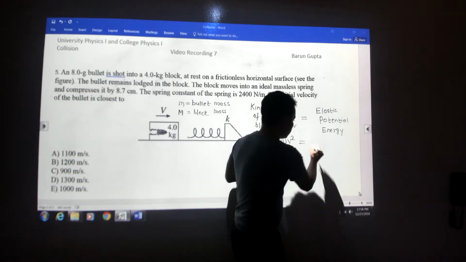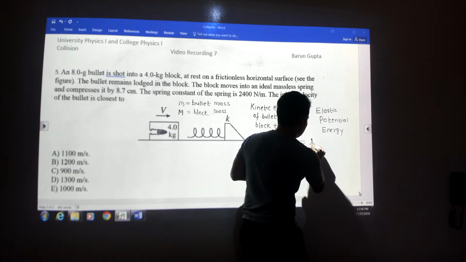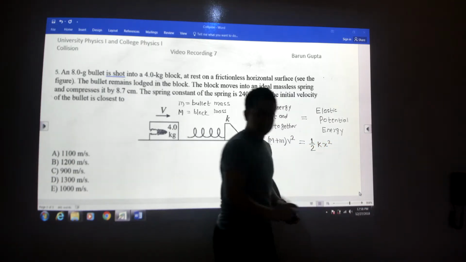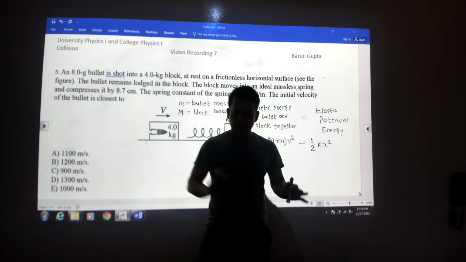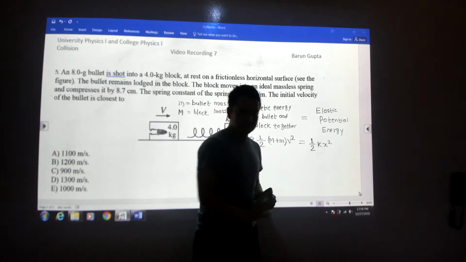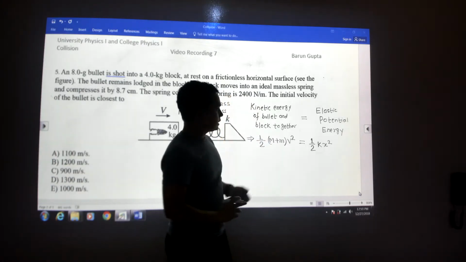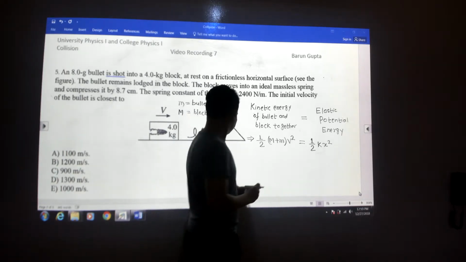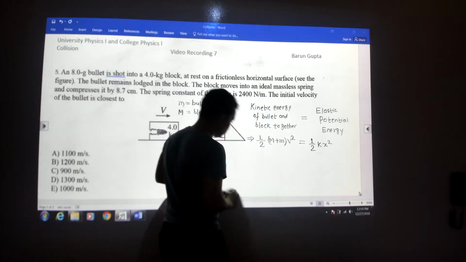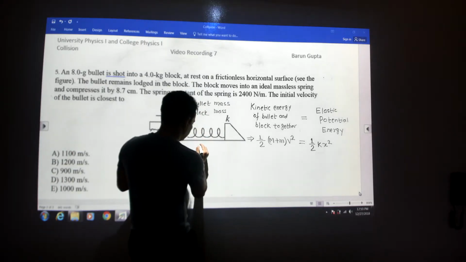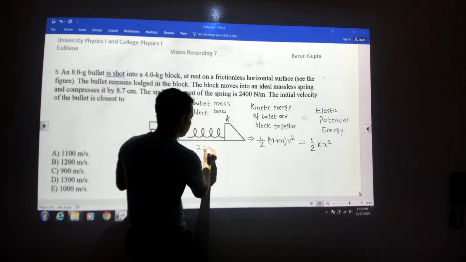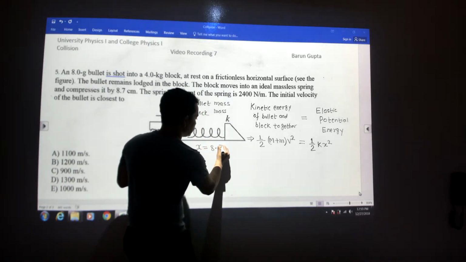The elastic potential energy is half k x squared, and the x is the compression. In this case, it is given as 8.7 centimeter. So the compression x is 8.7 centimeter.